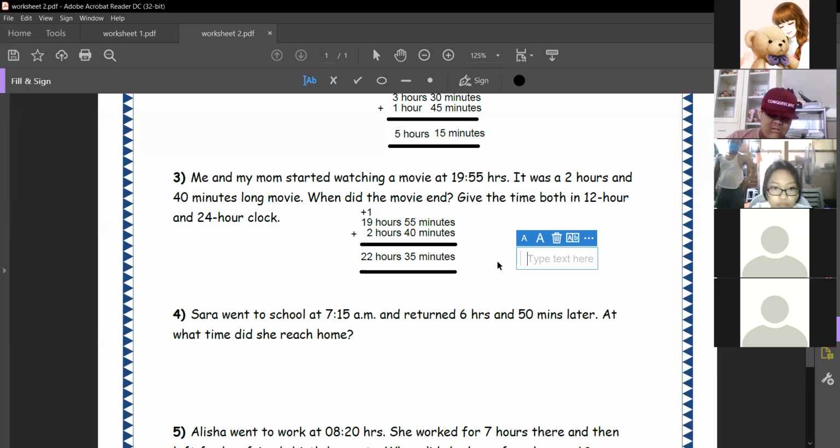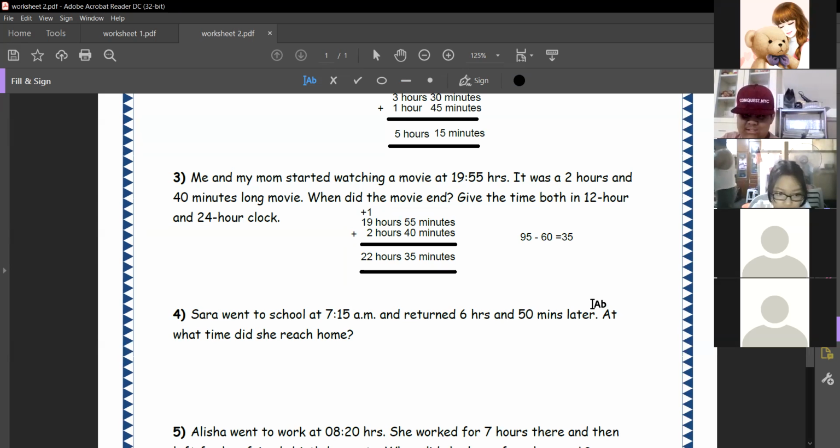That's the answer. If the minutes are more than 60, 55 minutes plus 40 minutes is equal to 95 minutes. But we already learned that for the minutes you cannot put more than 60 minutes there. Am I right, class? So you cannot put the 95 minutes there.